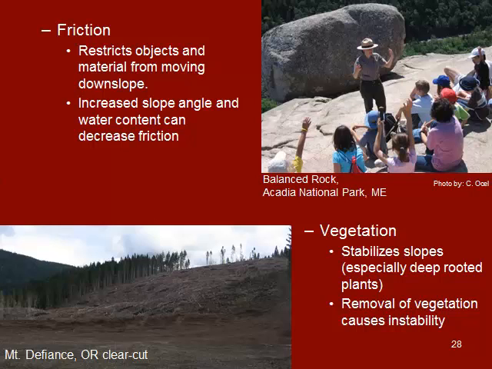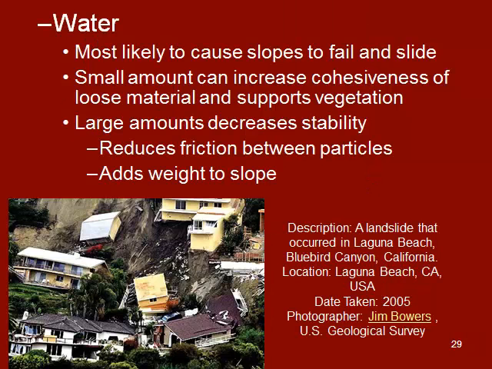So a lot of times you'll see after forest fires or major clear cuts, if we have a huge rain event, then that soil becomes mobilized and it slides downslope as a result. So water is a key factor in mass wasting events. It's most likely to cause slopes to fail and slide. It's the most common trigger. A small amount of water can help increase the cohesiveness of the loose material.